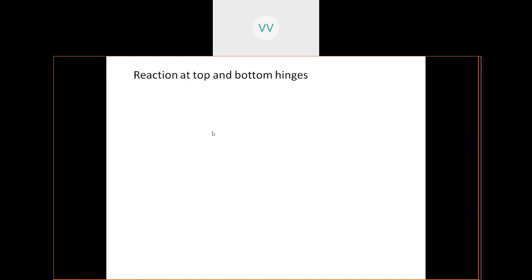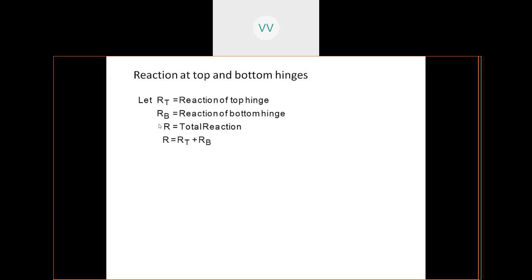So now let us try to find out the top and bottom reactions. Let RT be the reaction of the top hinge and RB is equal to reaction of the bottom hinge. Then capital R is equal to total reaction, that is R is equal to RT plus RB.